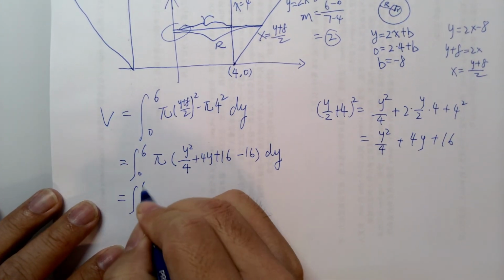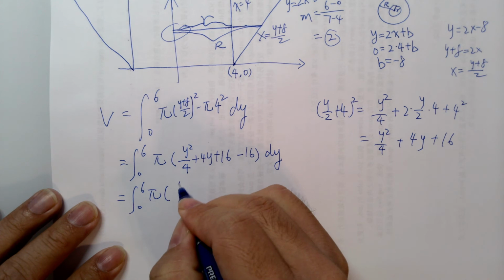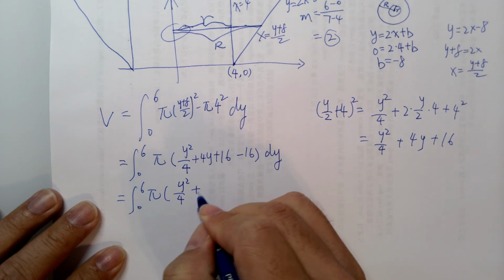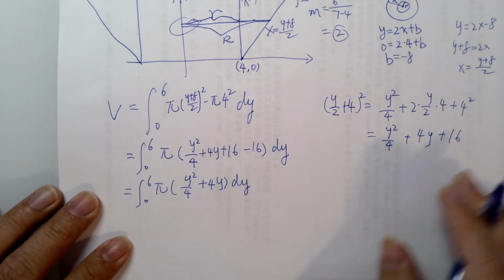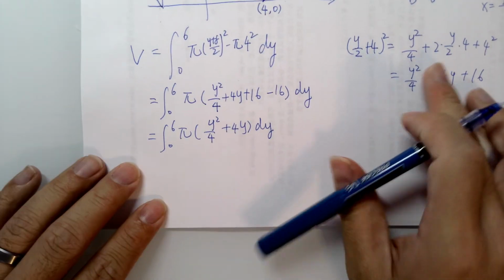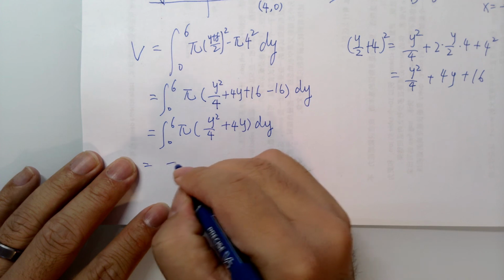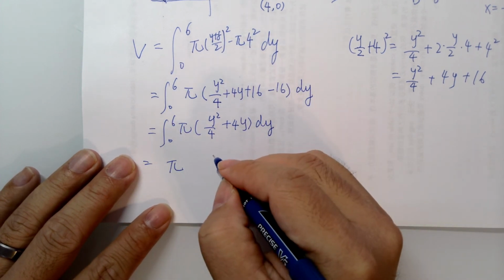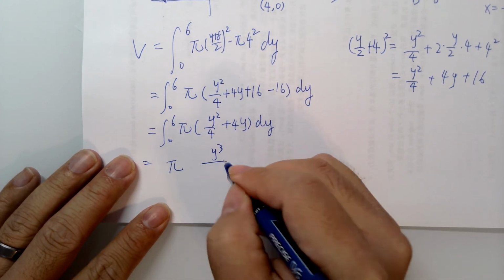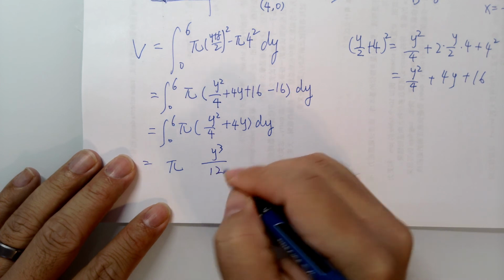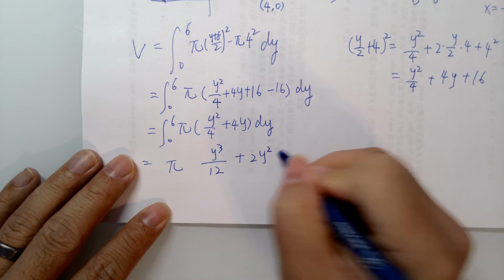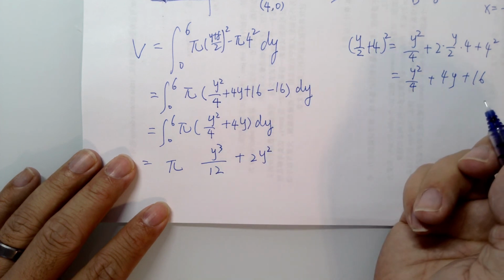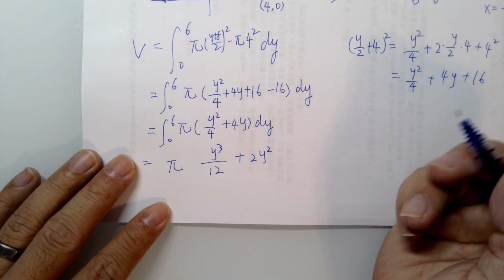Hence, we'll have y squared over 4 plus 4y only, right? And for this one, it should be very straightforward to evaluate. So we pull pi out, and you're going to have y cubed over 12, and then plus 2y squared. I think that's right.